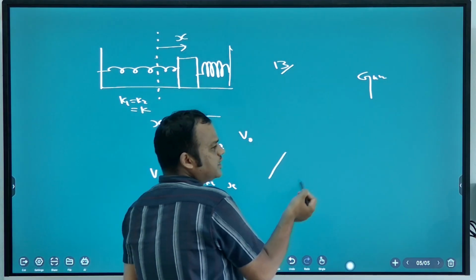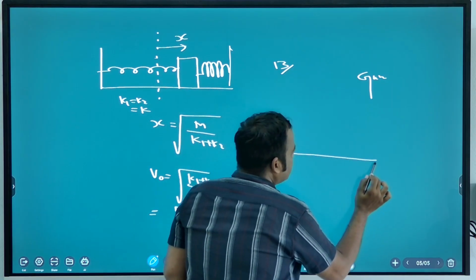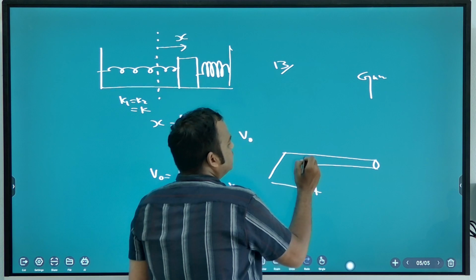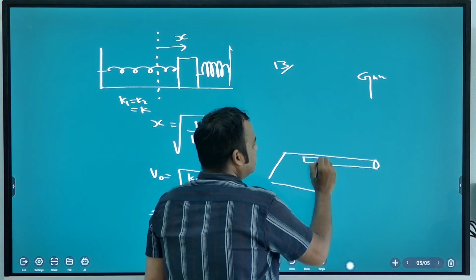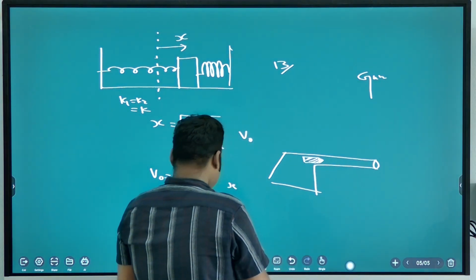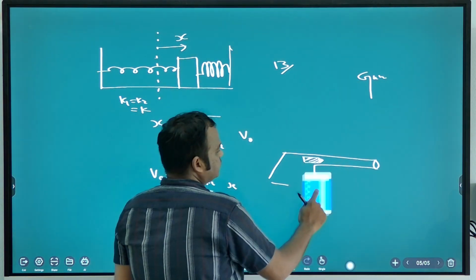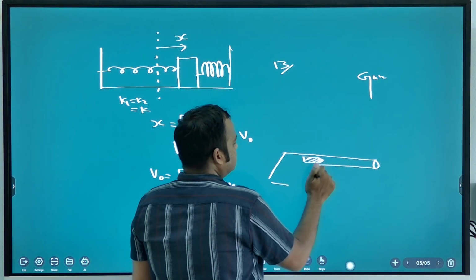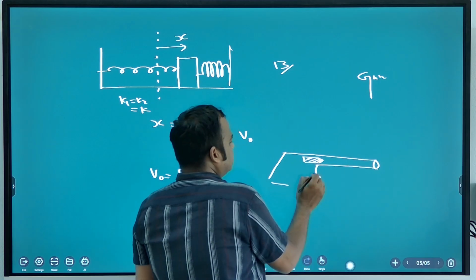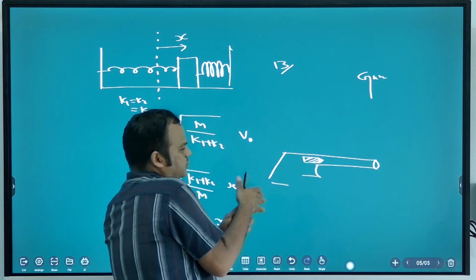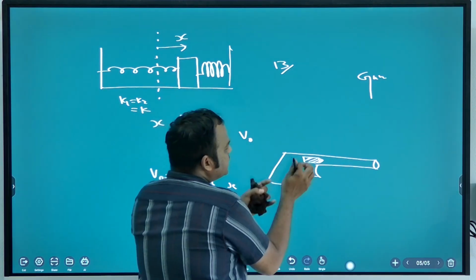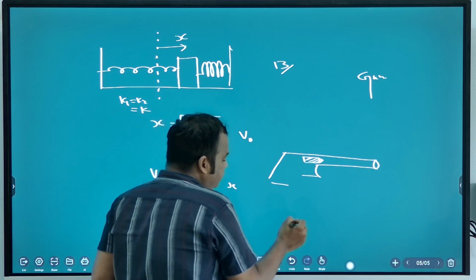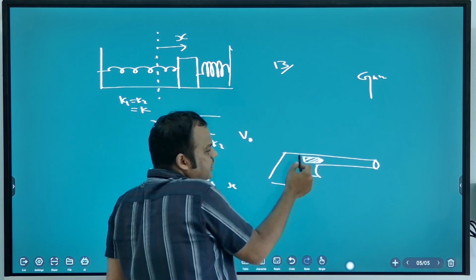Again, physics and chemistry are there. Chemistry is there because a chemical reaction is there. So suppose this is the bullet, and the trigger is there. Correct? You press the trigger like this. When you press the trigger, what happens in the bullet? Some chemicals are there. They fire.